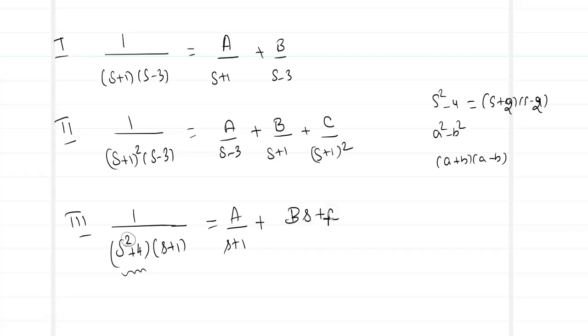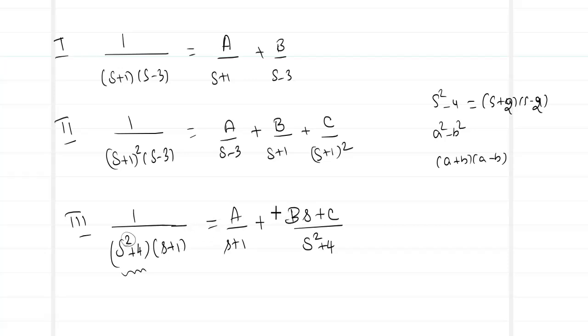So this bs plus c takes care of this non-factorizable factor. So this becomes s square plus 4 with the numerator as bs plus c. These are the three commonly occurring types of partial fractions in our engineering problems.